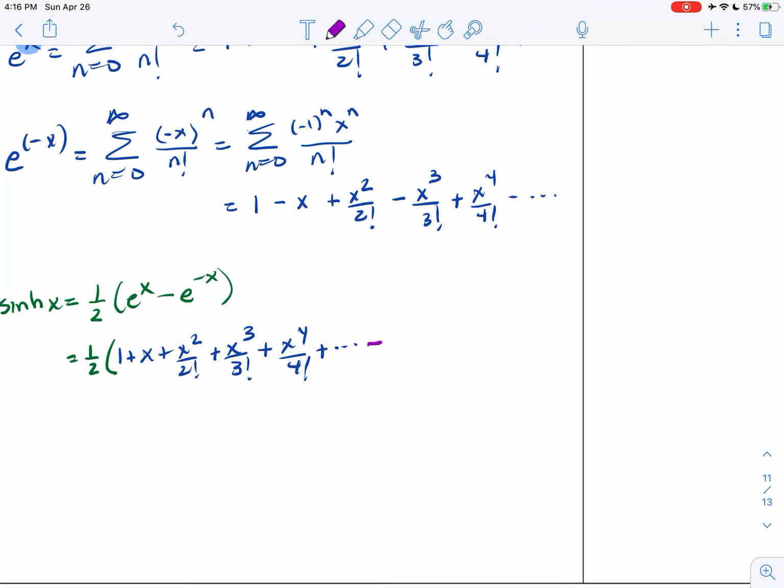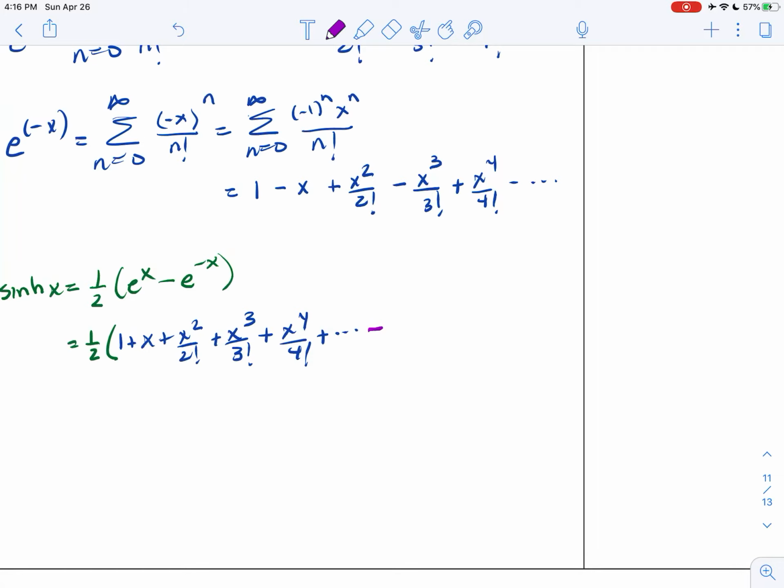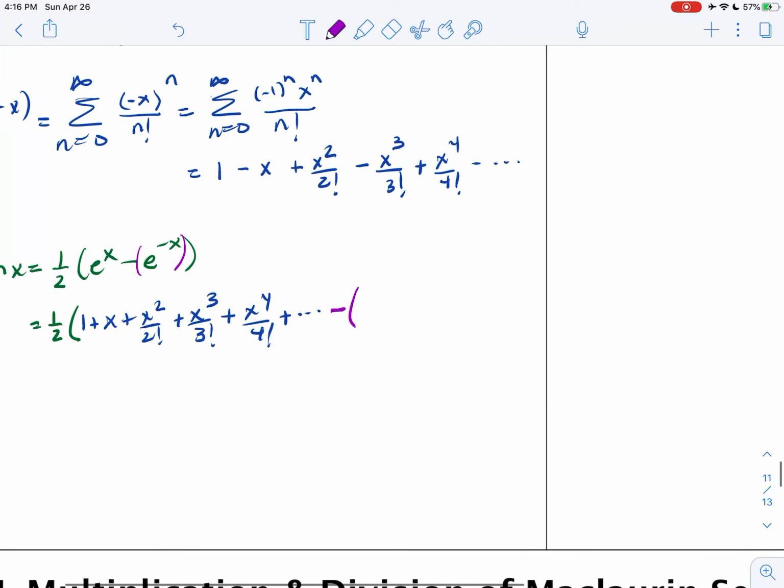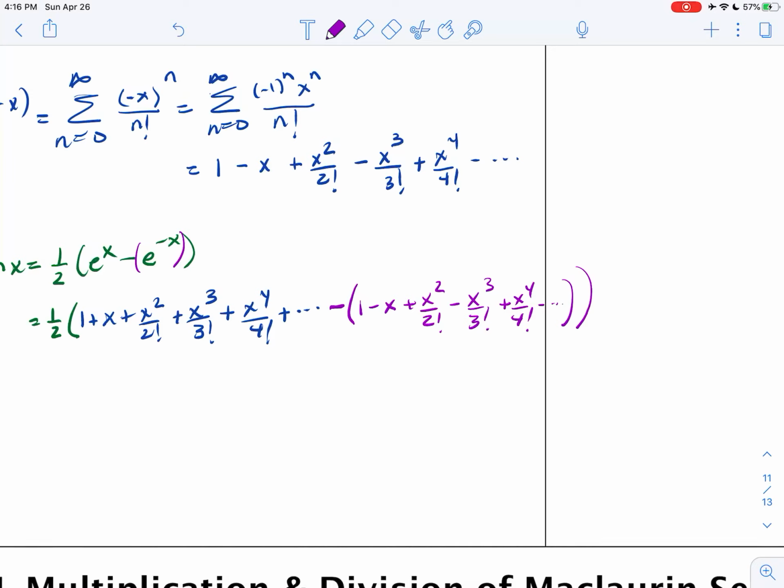And then I'm going to subtract. And remember, when we subtract, we're subtracting the entire series, and so I want to put this expression in parentheses. So I'm going to say that this is minus, and now I've got 1 minus x plus x squared over 2 factorial minus x cubed over 3 factorial plus x to the 4th over 4 factorial minus dot, dot, dot.